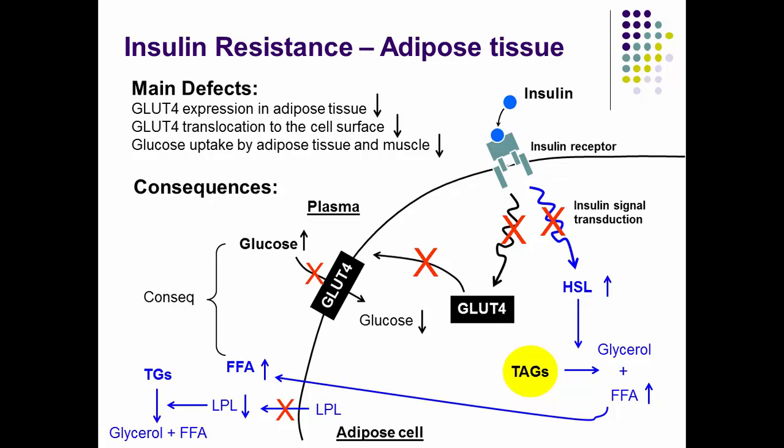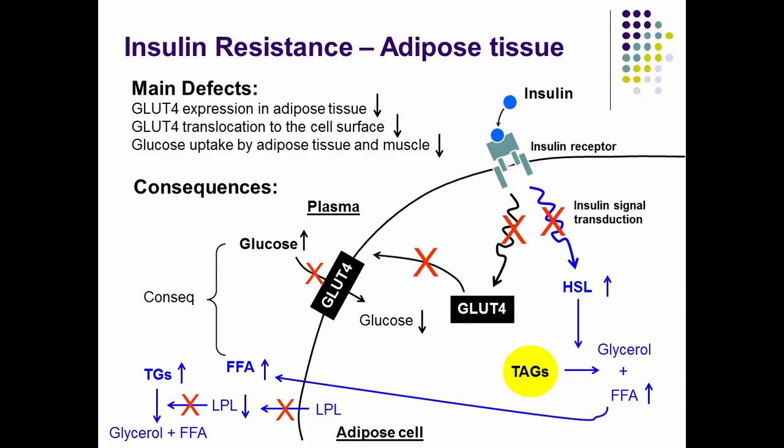And what is the function of LPL? LPL hydrolyzes triglyceride in chylomicrons and VLDL and breaks it down to release glycerol and fatty acids, right? So if this process is reduced, then what happens to triglyceride level in the circulation? We'll have higher triglyceride levels, right?